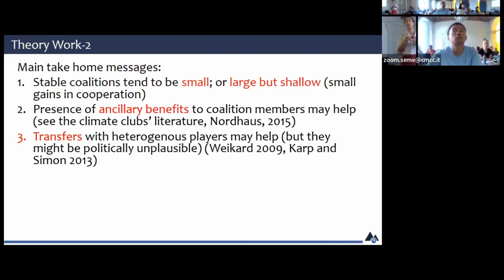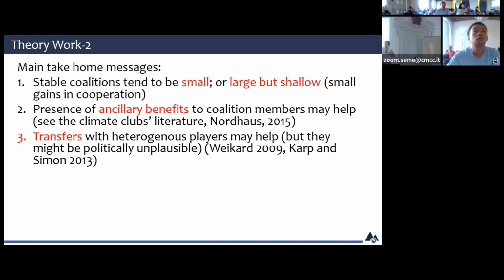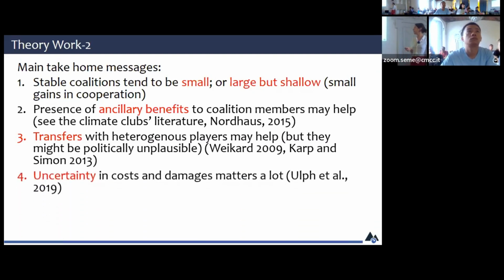So if we make a coalition and I use a set of weights whereby the coalition is made by the US and China, and there are huge transfers from the US to China, then it's more likely that China's payoff within the coalition is such that China will not deviate. Now, the problem with some of these, and we're going to see similar results with numerically calibrated models, is politically implausible transfers. You cannot actually imagine that can happen in reality.